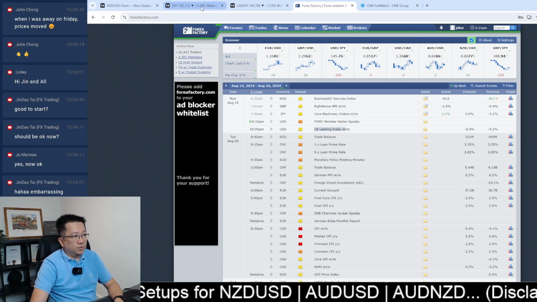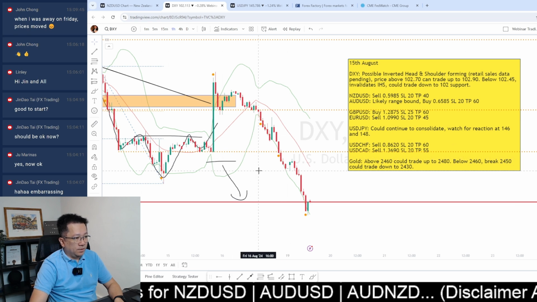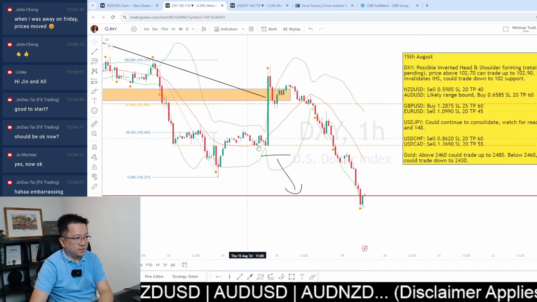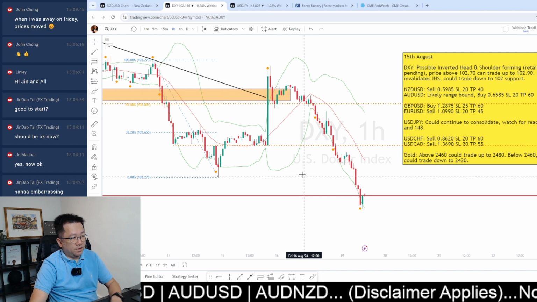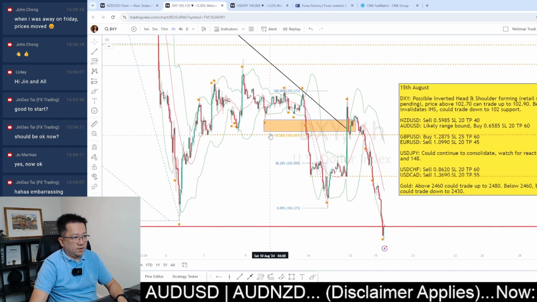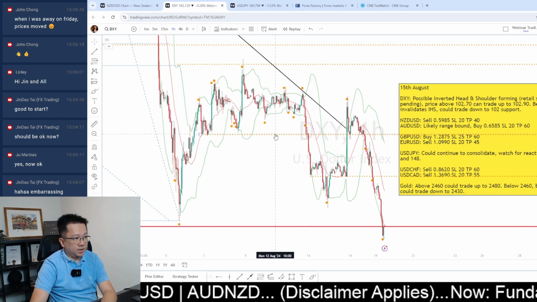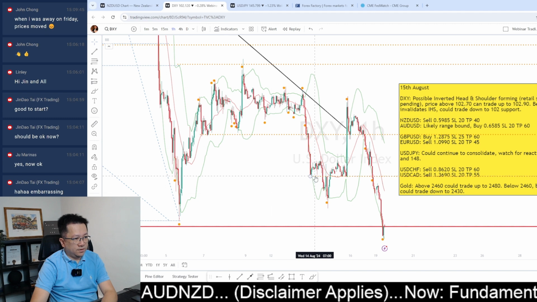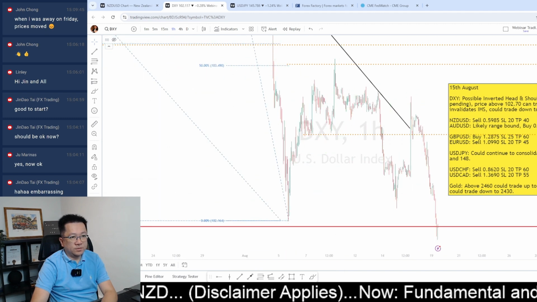So looking at the dollar index here, I'll take the inverted head and shoulder away because that's done. That's broken and done. We can take that away for now. I don't need the Bollinger for now as well.